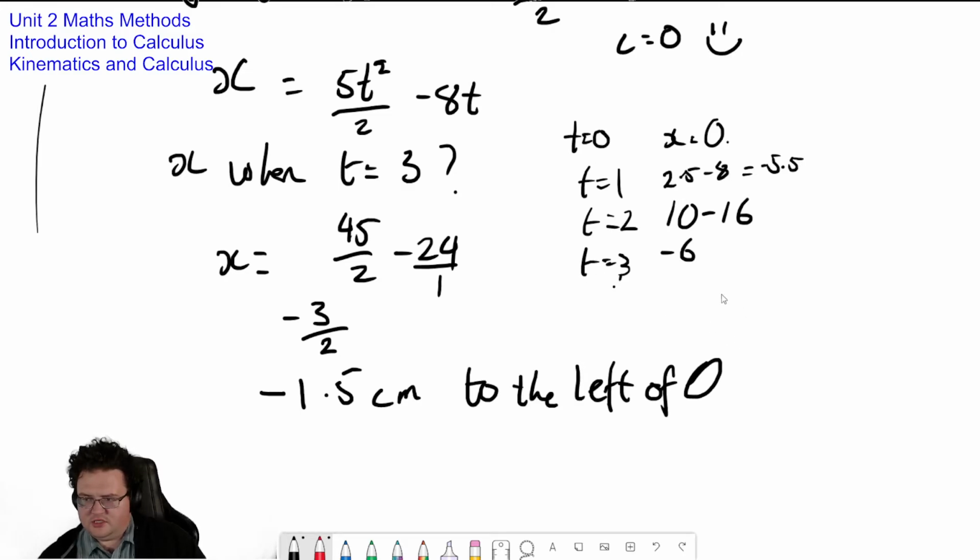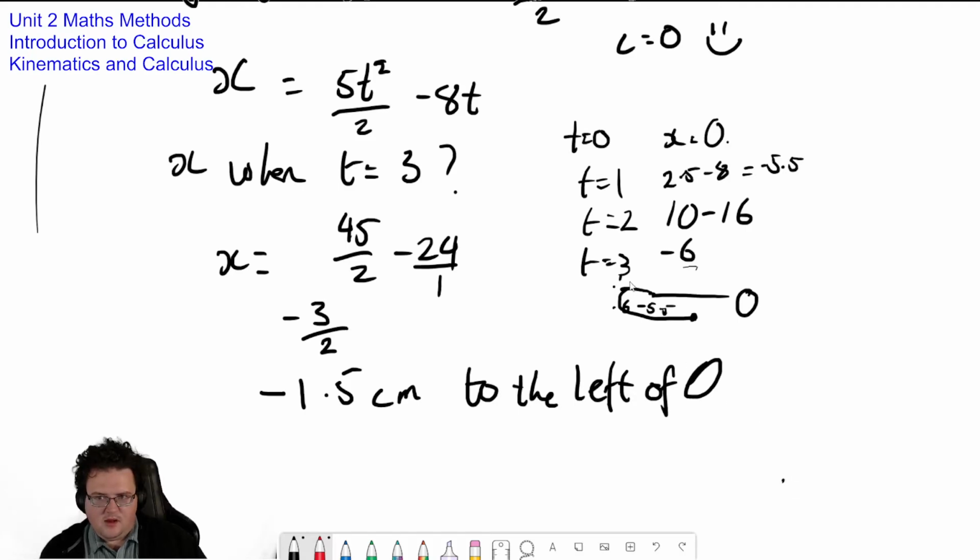So it was 0, then it went really quickly to negative 5.5. Then it went only a little bit to negative 6. And then all of a sudden, it's right back here. It's changed direction and therefore changed its velocity.